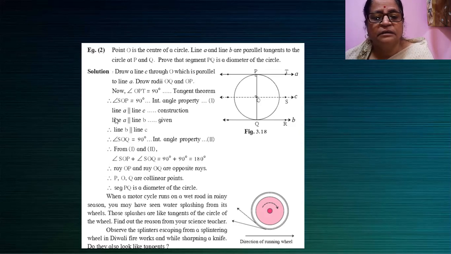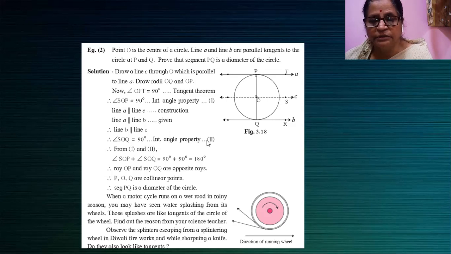And then here it is equation 1, line A parallel to line C, according to construction. And then it is given that line A is parallel to line B, so therefore line B is parallel to line C. Therefore angle SOQ is equal to 90 degrees by the interior angle property.